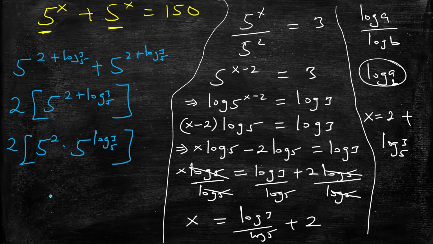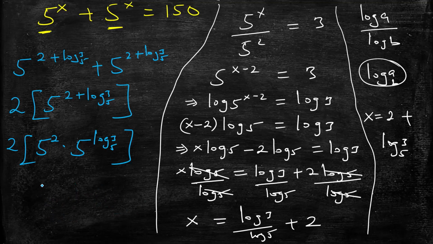Now in case we're given a raised to log x to base a, the answer is x. So we have a here, a there. So this one is the same as 5 squared, 25, times 3.